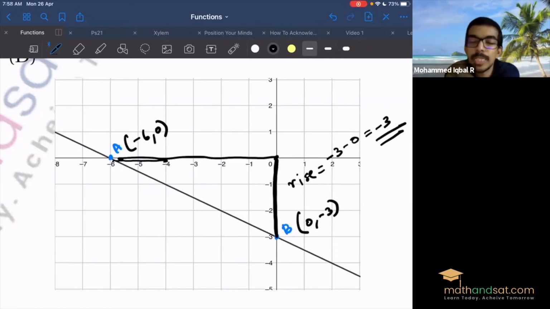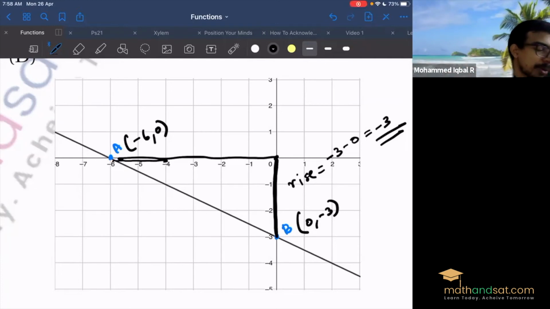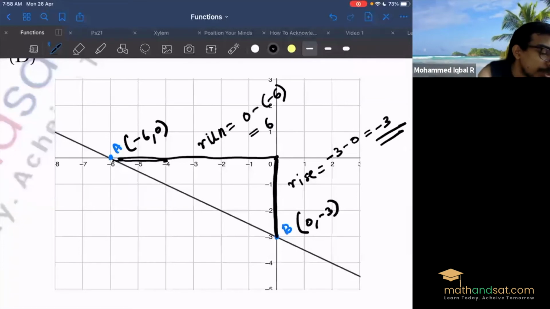Your horizontal change is positive, because it is increasing. So run is equal to 0 minus minus 6, which is 6. Now your slope is rise over run, which is minus 3 over 6, which is minus 1 by 2.